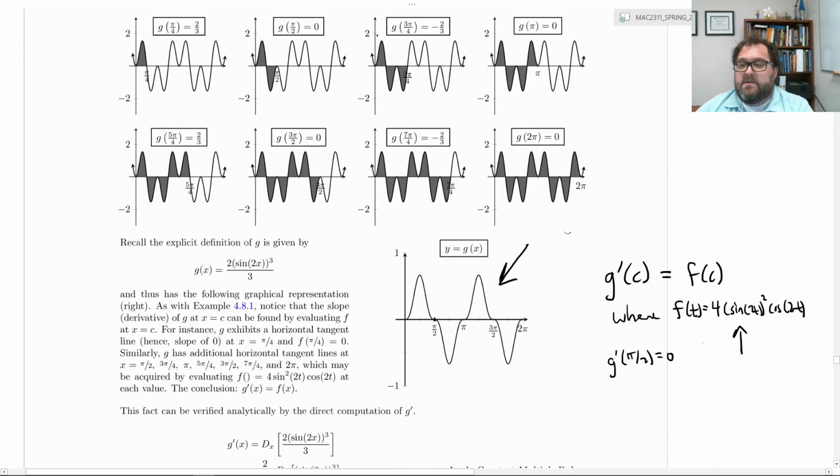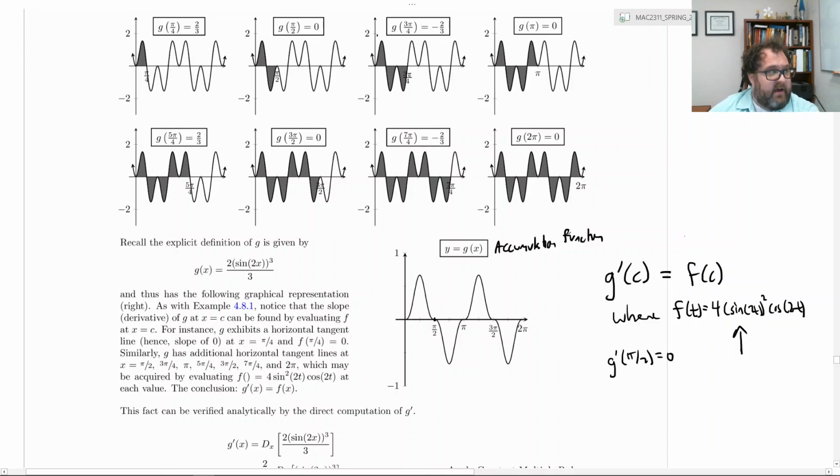The whole thing zeroes out if any one of those factors is 0. So yes, that is the major observation, that if you want a slope on the graph of your accumulation function, all you have to do is look at the y values, the function values of the integrand.